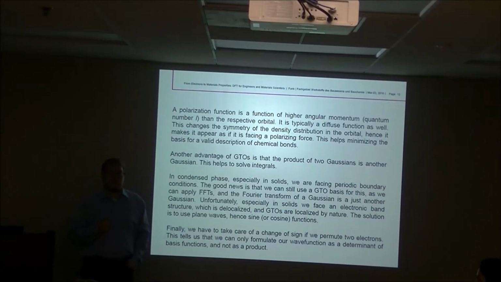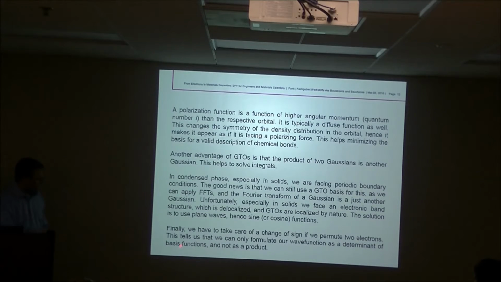Or you can combine both. Then you have Gaussian and plane wave spaces, which also works and is also used. And these are also functions which are easy to Fourier transform. So, this is what we have.